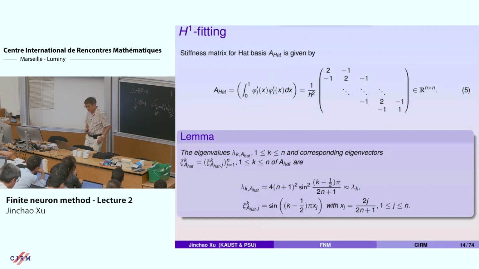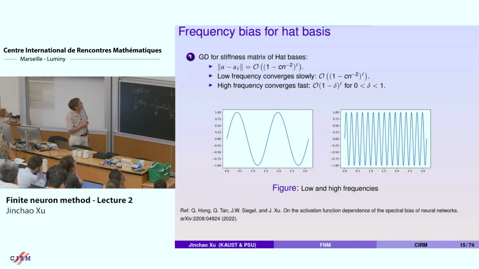So now you can see that in this case, this actually has pretty much the same eigenfunction. The larger eigenvalue corresponds to the high frequency. And in this case, gradient descent on the stiffness matrix converges fast for high frequency.